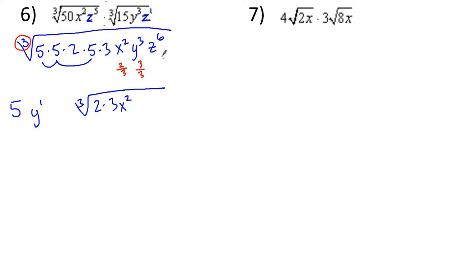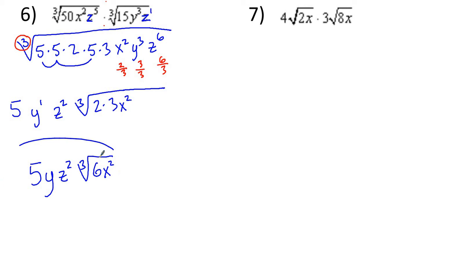Then our z is 6 over 3. That's 2, so z squared, nothing left over. So your answer is 5y z squared cube root of 6x squared. Make sure you can see the difference between z squared and the cube root. Too many times I have kids who can't differentiate between that.